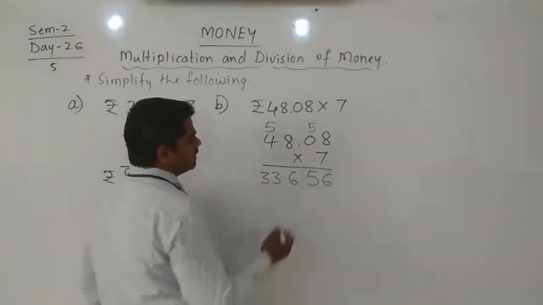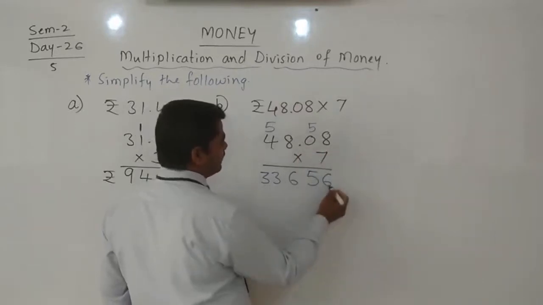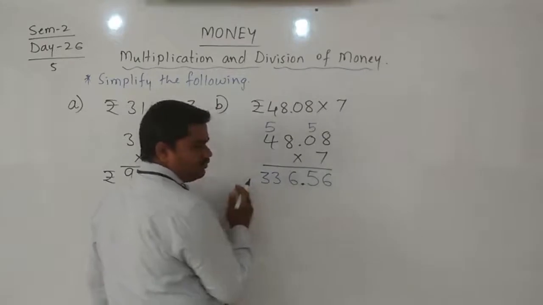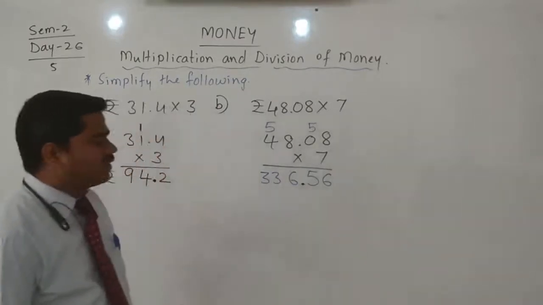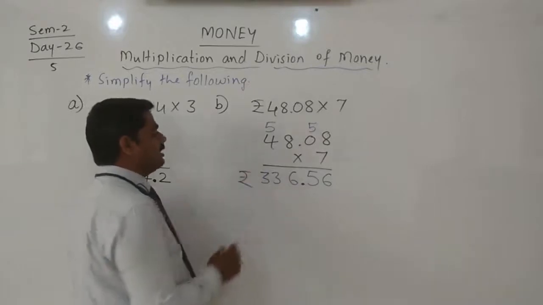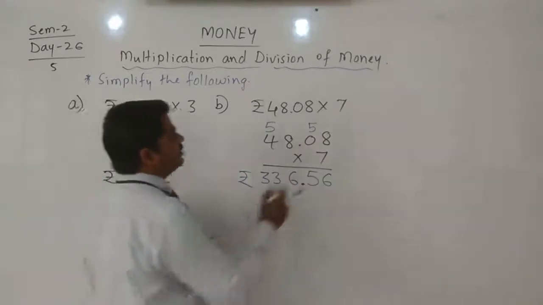In the multiplicand there are only 2 decimal places and none in the multiplier. So count 2 digits from right to left and place the decimal. What is the product? 336.56 rupees. Very simple.